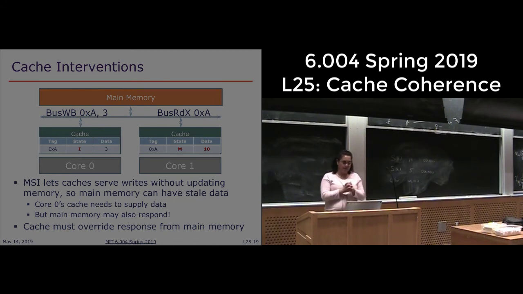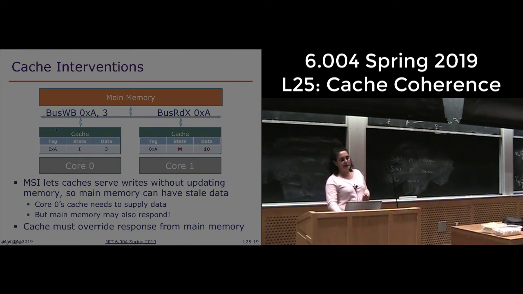Okay, so this is basically summarizing what we said, which is that MSI lets the cache serve writes without updating main memory, and it's possible for main memory to have stale data as a result, but it's never going to be the case that if another cache then goes to read the value that it's going to get the stale data.